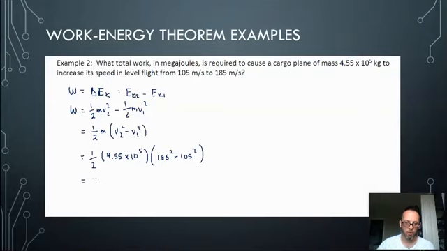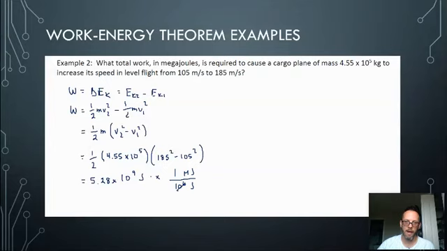All right, I'm just going to double check with what I got earlier. Yeah, I got the same thing. I got 5.28 times 10 to the 9 joules. The question wanted that in megajoules. One megajoule is 10 to the 6 joules, a million joules.